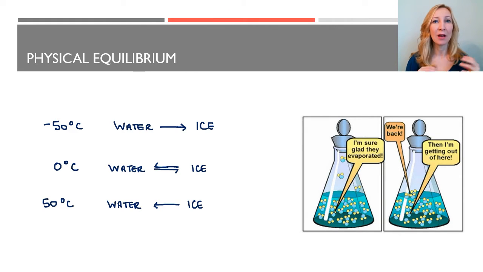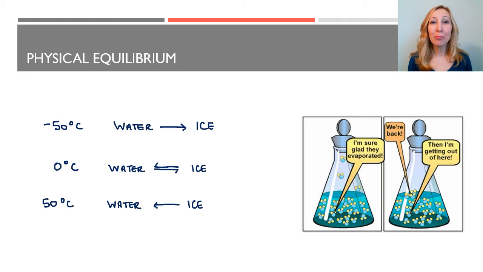There's movement of water turning into ice and ice turning into water, freezing and melting. But to the person viewing, they're not seeing anything because they're seeing the same amount of ice and the same amount of water. Nothing's happening to the naked eye. But what's really happening is ice is melting and water is freezing at equal rates.